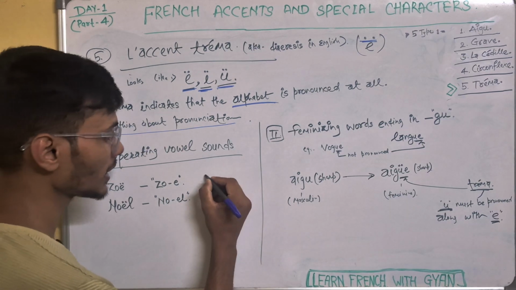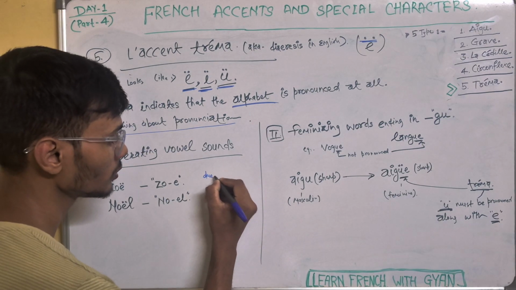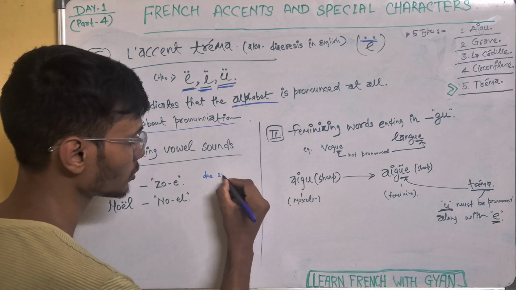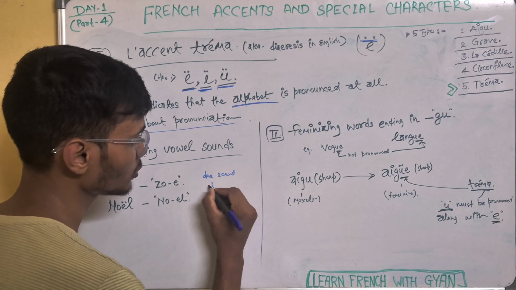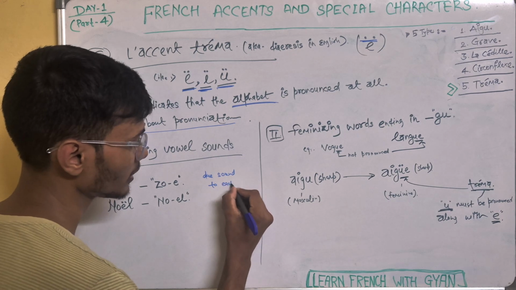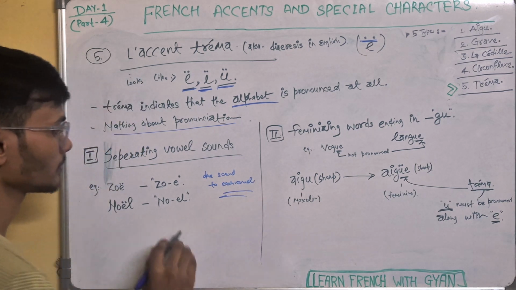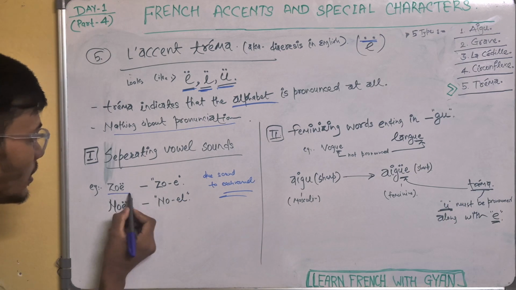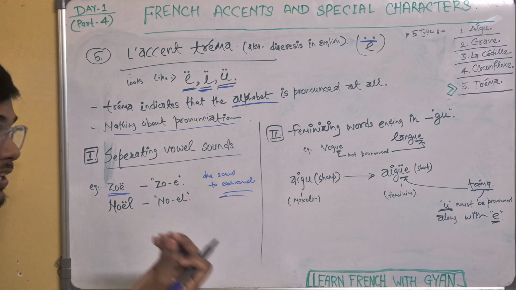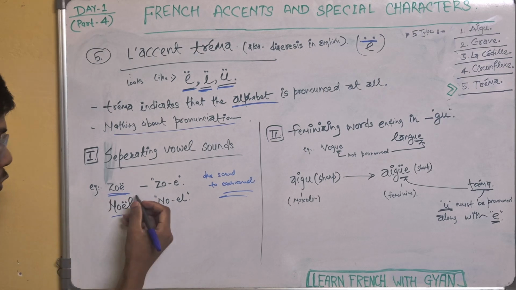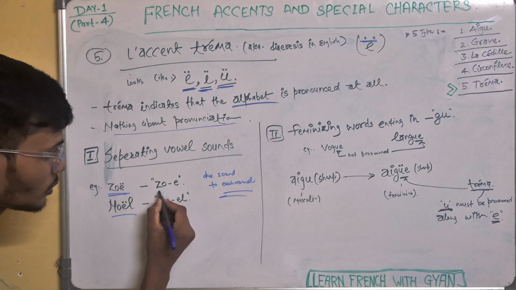So two sounds should be given to each vowel. Let's take this case here. It's a name, and this is a festival. Jo-ë, right?